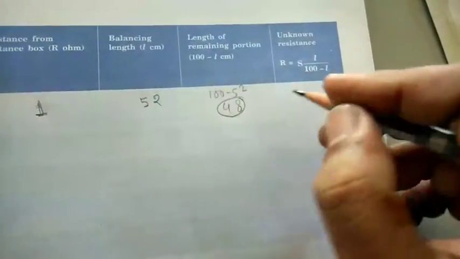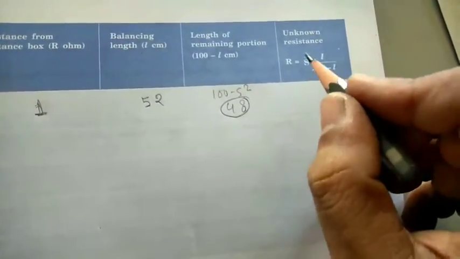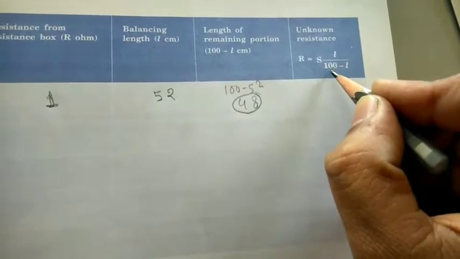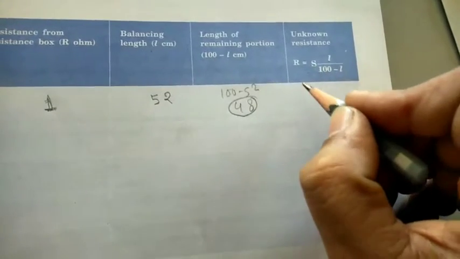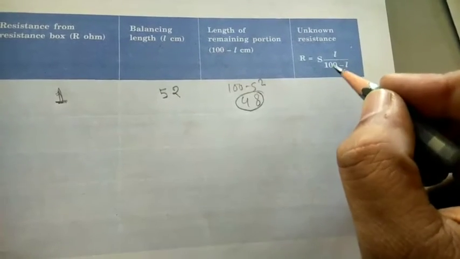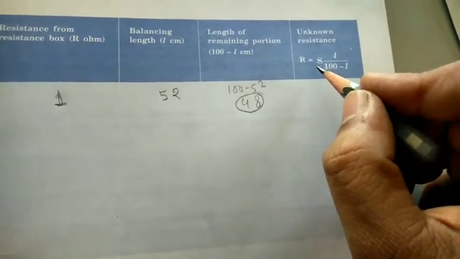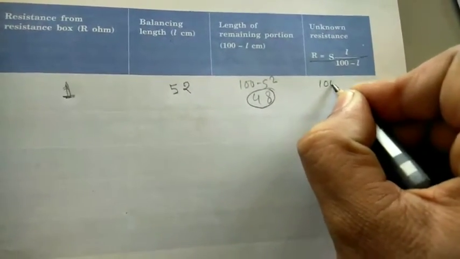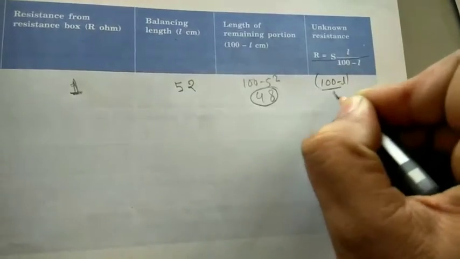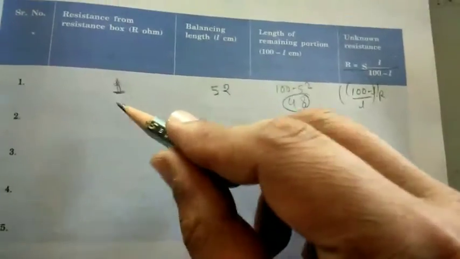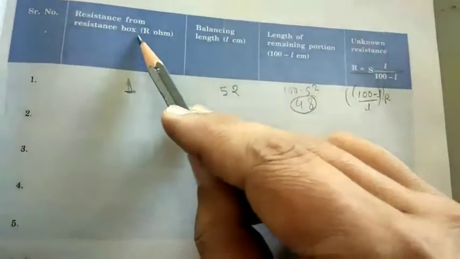This is the length of the remaining portion, and the unknown resistance can be calculated with the help of the formula S equals L divided by 100 minus L into R, or we can modify this formula as 100 minus L divided by L into R. Here R is the 1 ohm resistance removed from the resistance box.